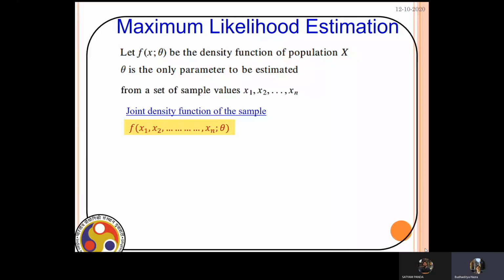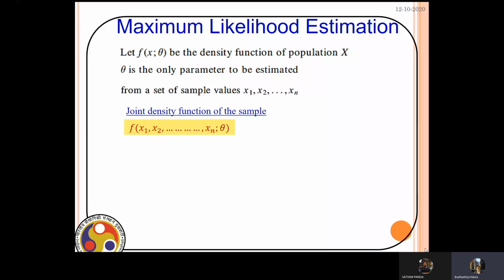So if you are sampling n values from a Gaussian distribution, then x1 should have the same distribution as x2, as x3, as x4. They are samples from a mother distribution, so the distribution should not be different.